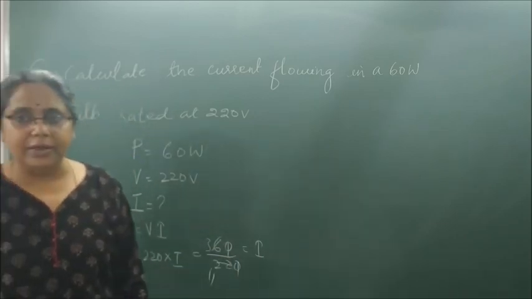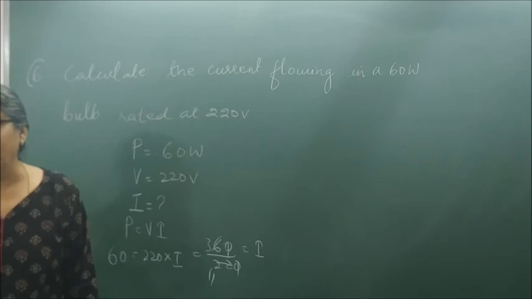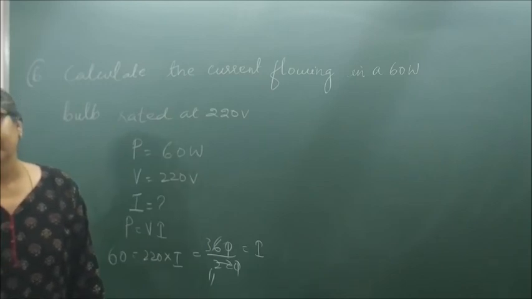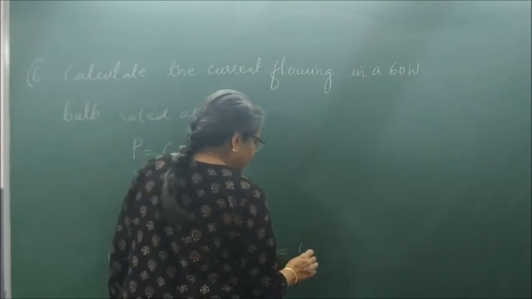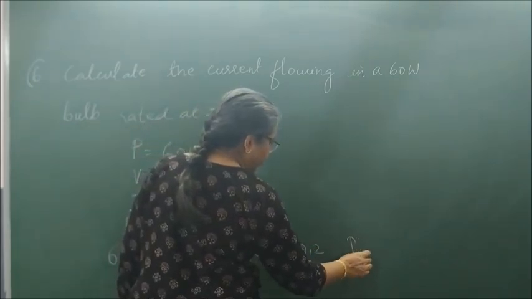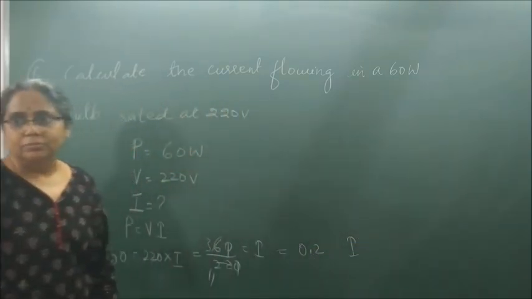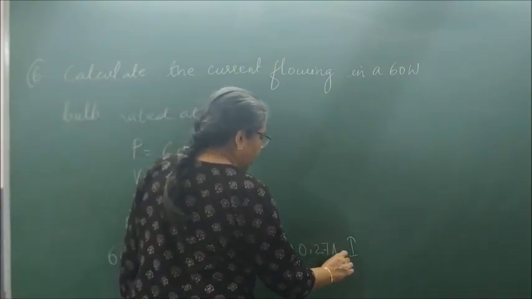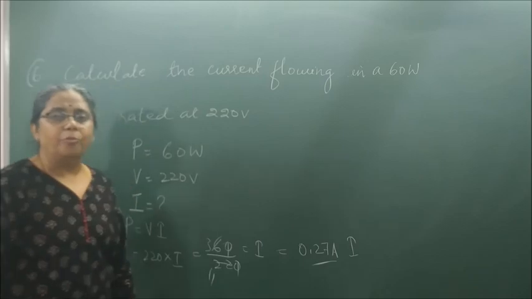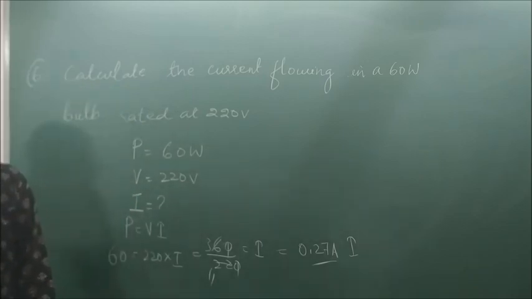I don't know, 3 by 11 is how much? 0.2 something. Just check. 0.27 amperes. Okay. So this is how we will do problems based on power and heating effect of electric current.